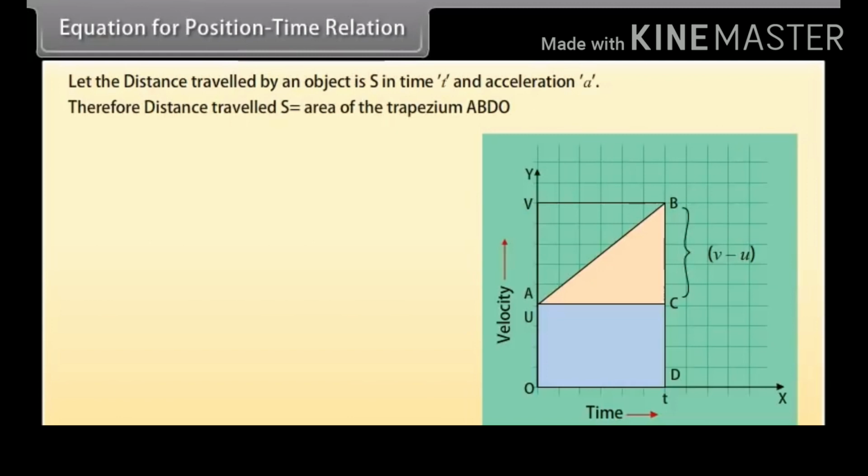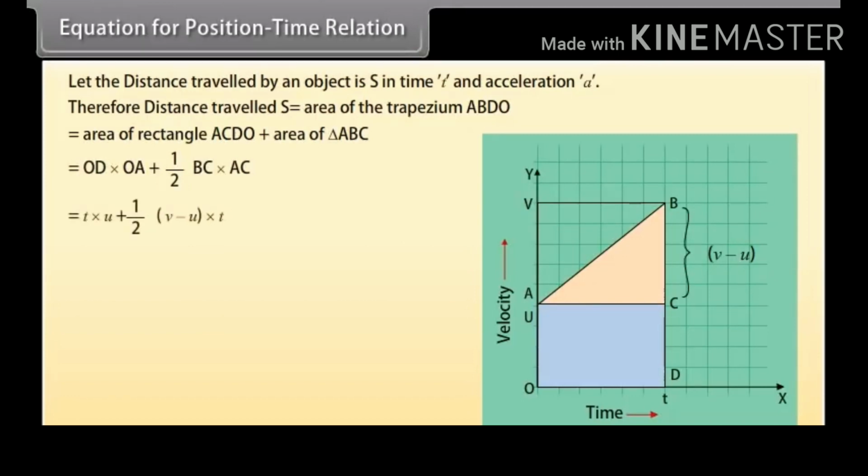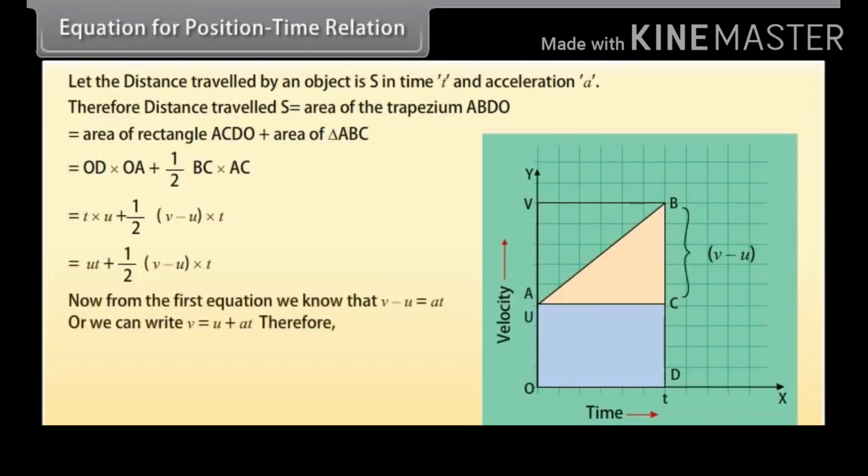Therefore, the distance travelled s equals the area of the trapezium ABDO, which equals the area of rectangle ACDO plus the area of triangle ABC, which equals OD into OA plus half BC into AC, which equals t into u plus half v minus u into t.